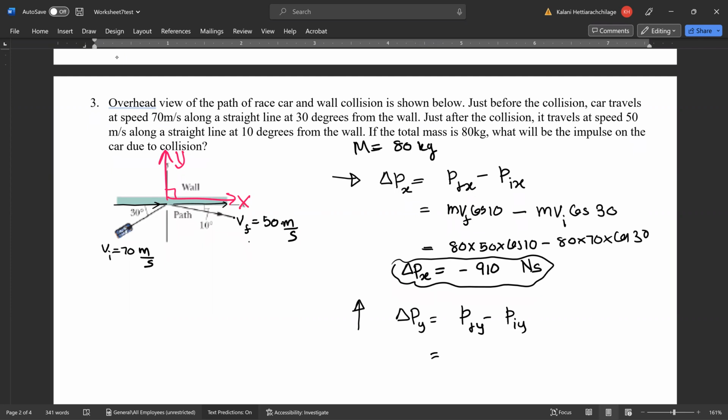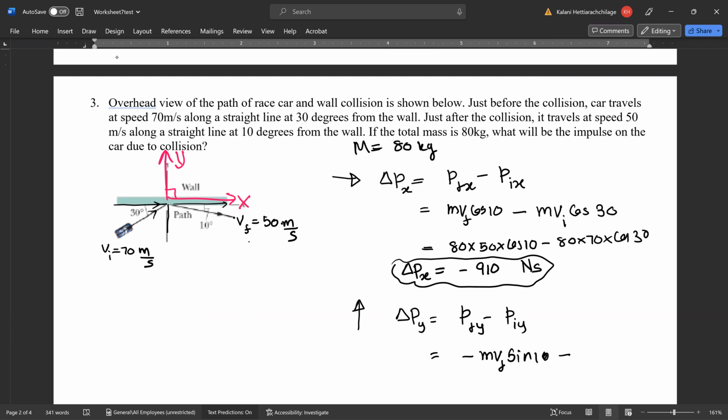Exactly the same thing, but it's important that your final in the x direction is a negative number, but you have m V final sine of 10. That is negative because I am working with this vector now. It's in the fourth quadrant. Okay. And then negative p initial in the y direction, you see that it is in here, so the direction is in the positive y direction. This is the vector that will be similar to sitting in the first quadrant, right?